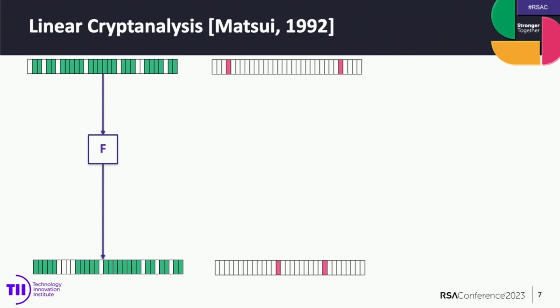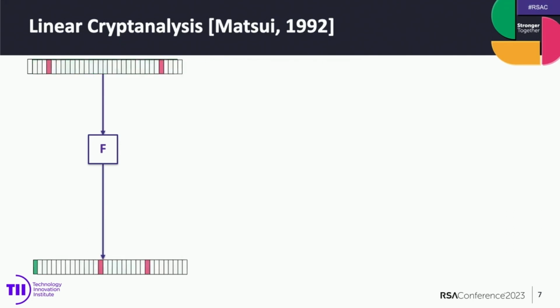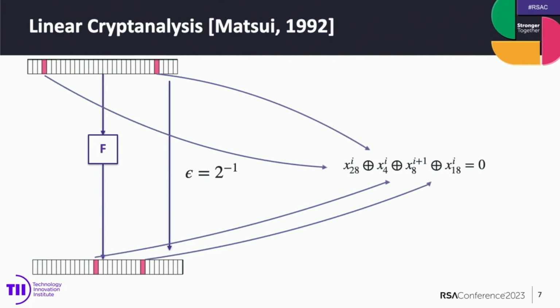And to check the correlation, we need only to XOR the bits in the input and the output masks and check if this XOR is equal to 0. We need to repeat this in order to check if this happens with a correlation near the correlation of the linear approximation, that is 2 to the minus 1.